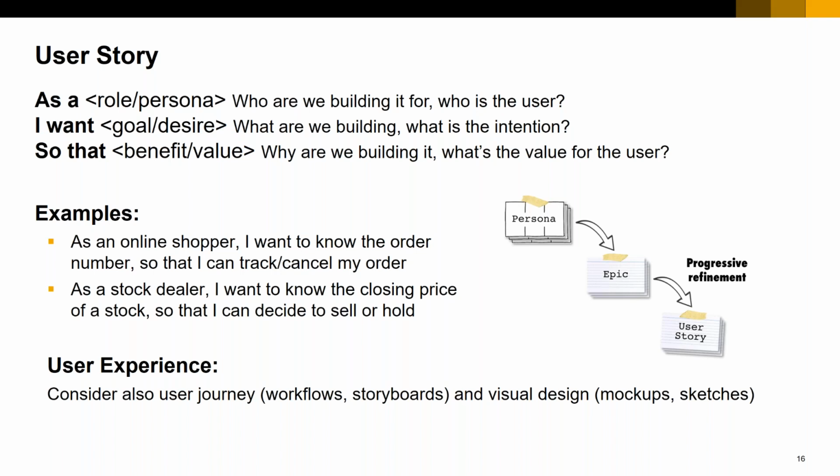Now, a persona is not one person or one user of your product, but a role that can speak for a group of users who are going to use your product. For example, Jira's product manager is a persona. There can be so many different product managers. By speaking to, let's say, 10 of them, you can arrive at a typical product manager persona.